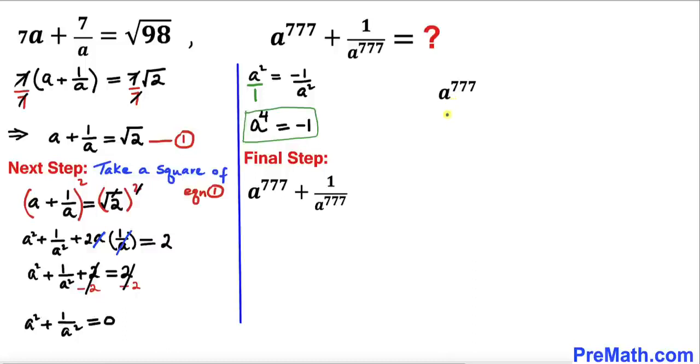This can be written as a to the power 1 times a to the power 776. Now we know that this 776 can be written as 4 times 194. So a to the power 1 can be written as a times this. I'm going to write a to the power 4 times 194.